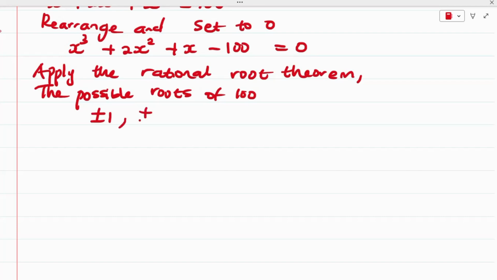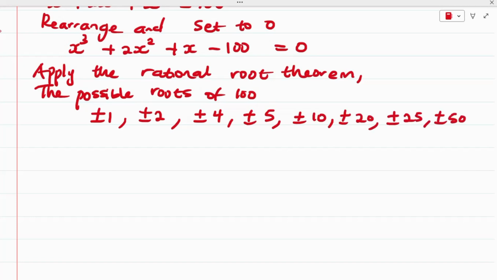We also have plus or minus 2, since 2 times 50 is 100. We have plus or minus 4, plus or minus 5, plus or minus 10, plus or minus 20, plus or minus 25, plus or minus 50, and lastly plus or minus 100. Now all of these can multiply to give us 100, alright? So from here we have this.